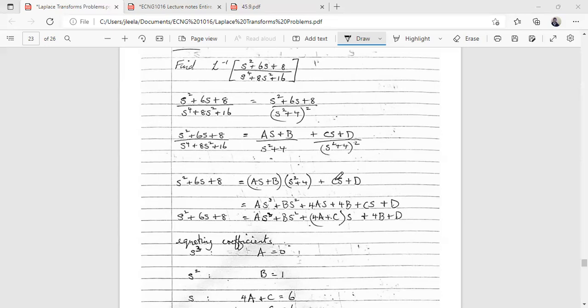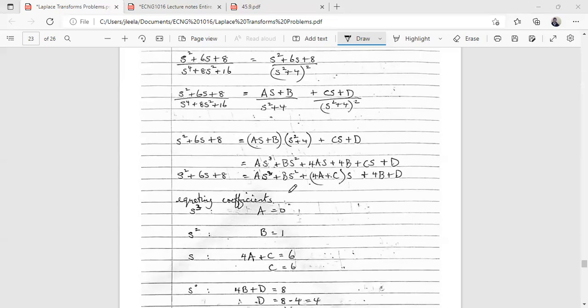And here it will cancel, so you'll just get cs plus d, right? And what I did here is I expanded out all the terms here and I collect coefficients, right, in order to do equating. So when I do that here, I'll get as cubed plus bs squared plus 4as, right, plus 4b plus cs plus d. So now I'm collecting all the terms in front, s cubed. So here is a, here is b, here will be 4a plus c, and then you have 4b plus d.